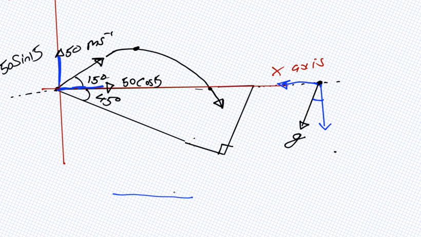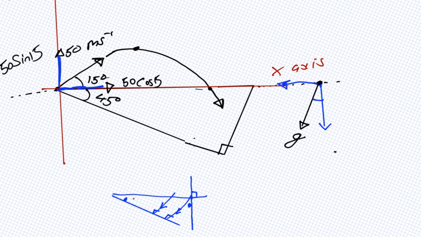These two lines, this part and the g, are parallel, and this line here is at right angles, so whatever angle is here, if I draw one straight down here, this angle here is the same as this angle here.